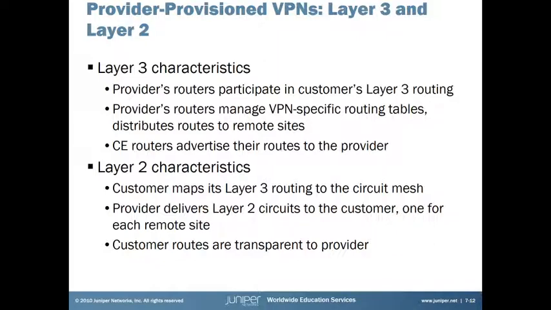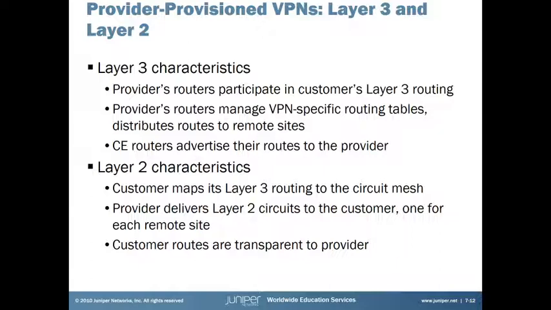Then there's provider provision VPNs. There are both layer 3 and layer 2. Layer 3 is actually the most common one, because with layer 3 the customer totally outsources all their routing requirements to their ISP. So what they're saying is, we don't want to take care of our own connectivity, you take care of it.